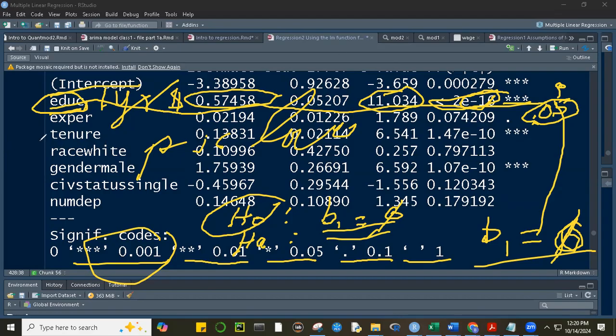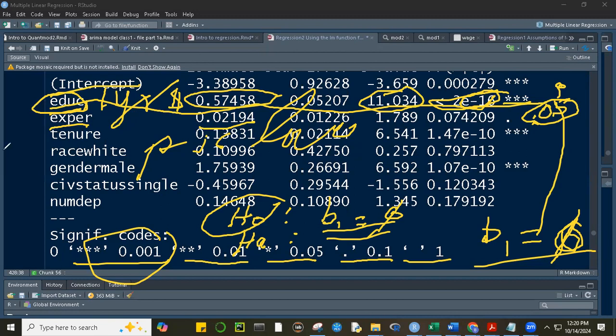Okay, take a look at experience, class. Experience is 0.02. So what does that mean? If you just take a look at this, it means that for every 1 year increase in experience, there's a corresponding $0.02 increase in hourly wage, ceteris paribus. Don't forget the ceteris paribus. Which means it's only experience that you will increase by 1.